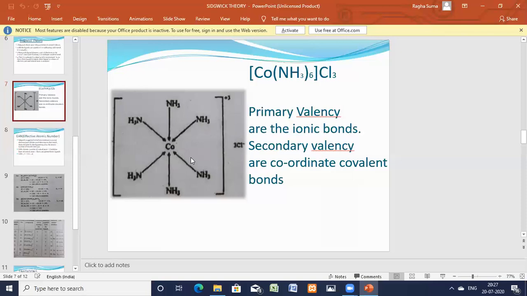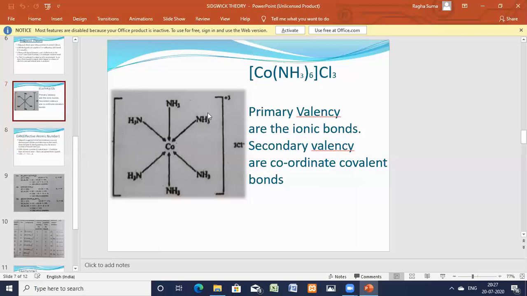Now let us see, these are the postulates. Every ligand is capable of coordinating with the metal in the complex. Next, each ligand is donating a pair of electrons. So this is a donor, a Lewis base. This is the acceptor, a Lewis acid.